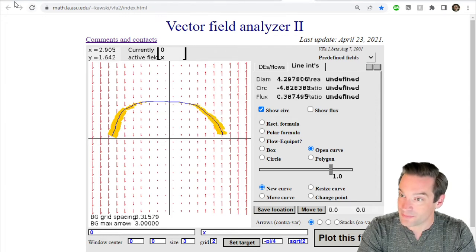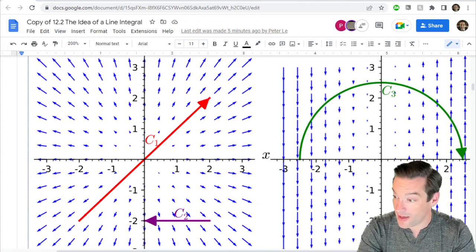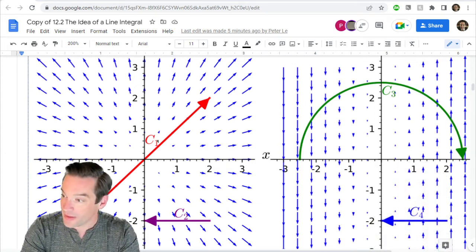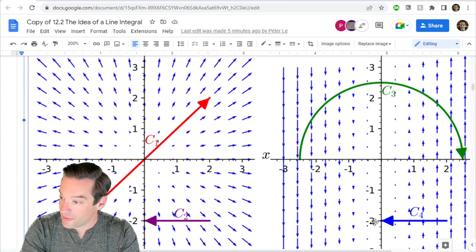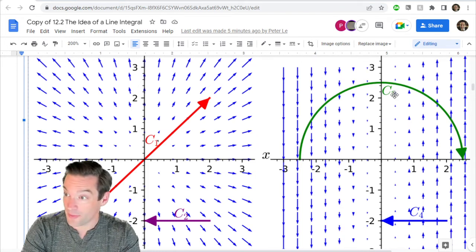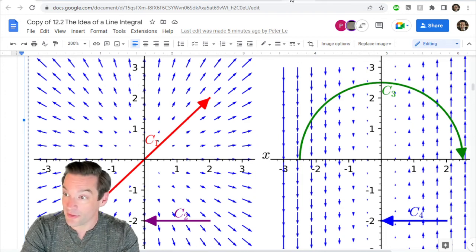And then finally, for the path C4, it looks like it is behind my head here. Sorry, let me move out of the way. It looks once again like the direction that we're moving is perpendicular to the vector field at every point. And so the path integral's value is just going to be integrating a bunch of zeros, because all those dot products are going to end up being 0 because our vector field is perpendicular to our velocity.